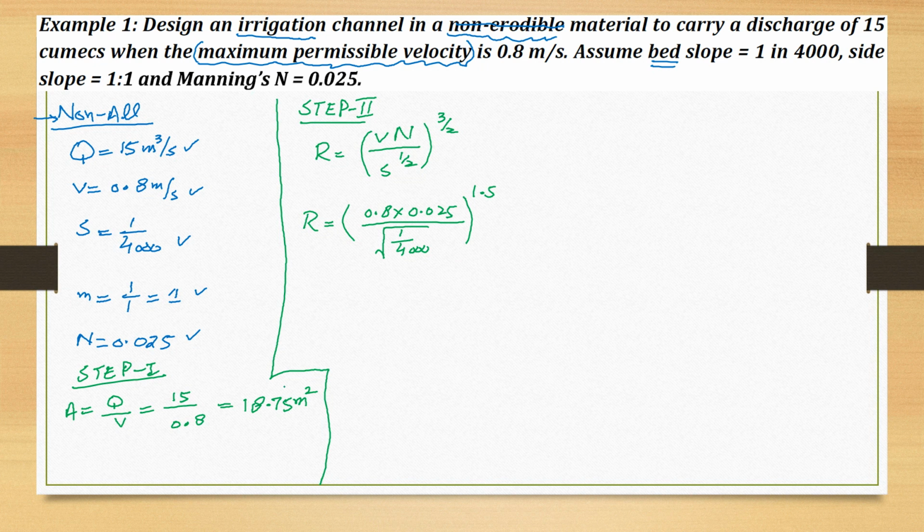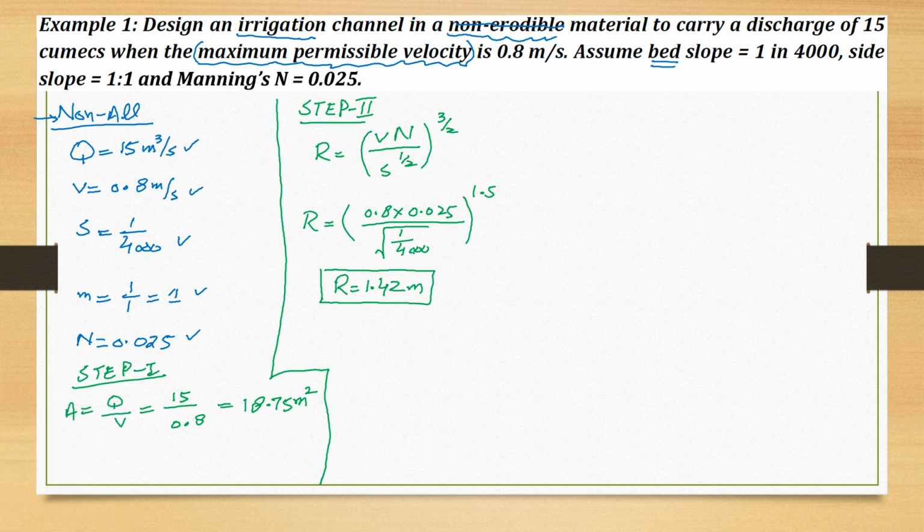When you calculate this, the value of R will be equal to 1.42 meters. The unit of hydraulic radius is length because it is A by P. Area has a unit of square meters and perimeter has a unit of meter, simple length. So the unit of R will be meters.